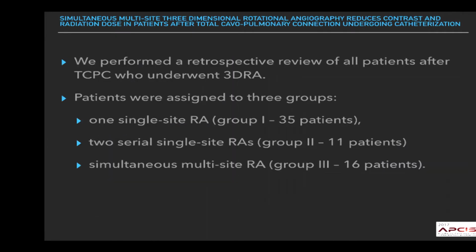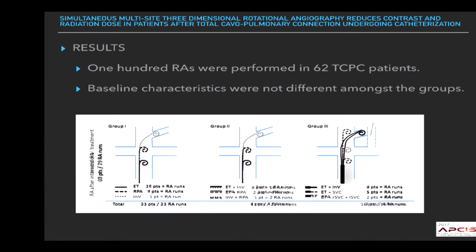And we compared results in 62 patients with 100 rotational angiographies. We divided patients into 3 groups: those who had a single-site rotational angiography, or 2 serial single-site rotational angiographies, and finally the most recent group with simultaneous multi-site injection.